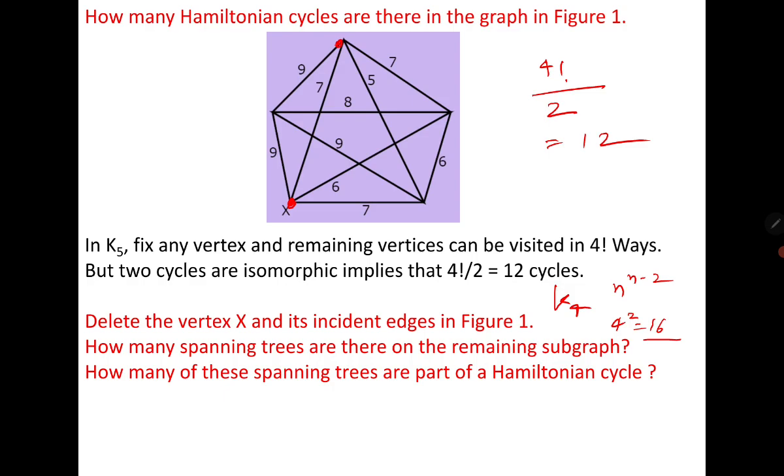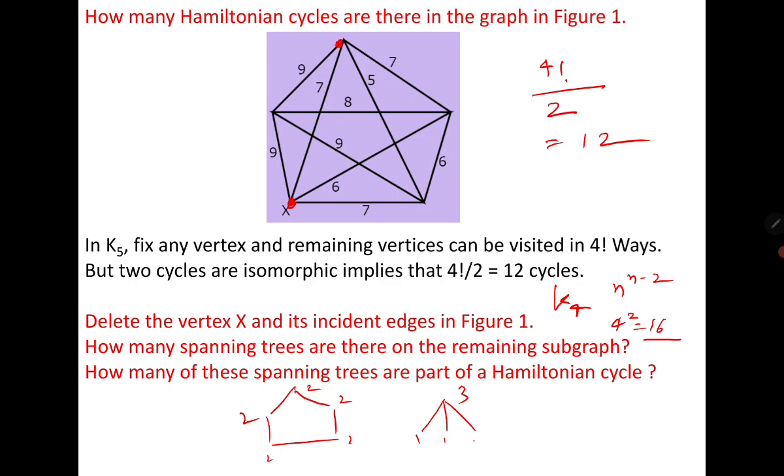How many of these spanning trees are a part of a Hamiltonian cycle? Now the Hamiltonian cycles we have already computed. There are 12 Hamiltonian cycles, and a Hamiltonian cycle means C5. Now C5 has degree sequence 2, 2, 2, 2, 2. And with 4 vertices, there are 2 possible spanning trees.